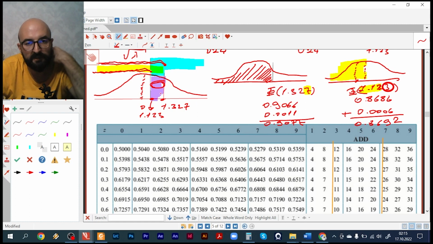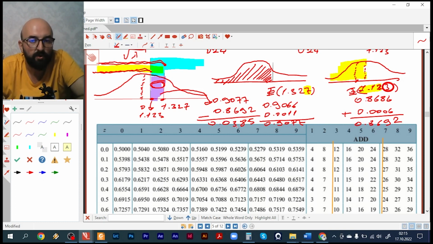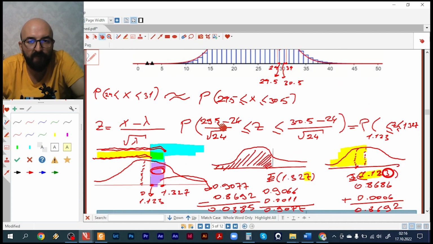So if we want to find this area, we should compute 0.9077 minus 0.8692, and it's 0.0385.